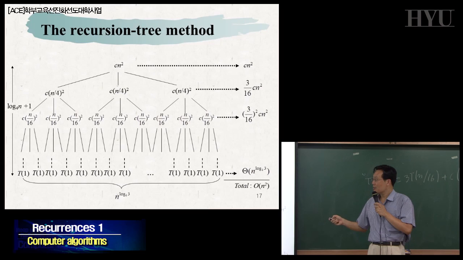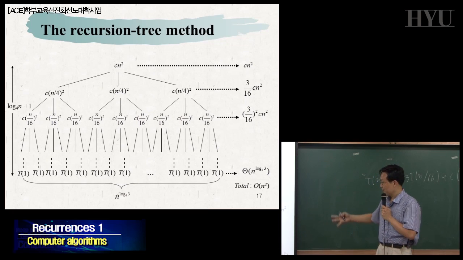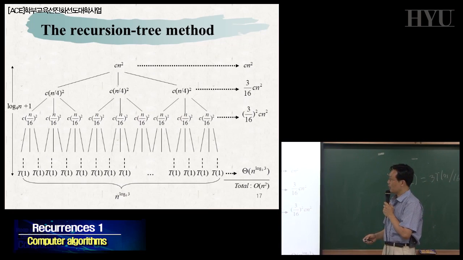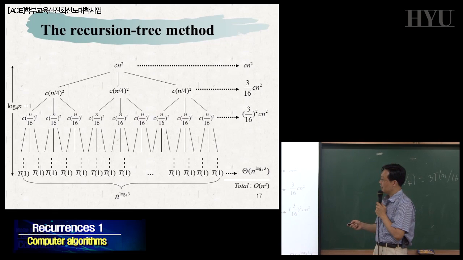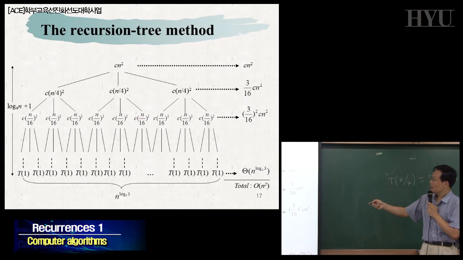They are all constant values, and note that T of 1 is constant. Okay, so now we can add all the values. Then we add all the values in each level. And then add up all these values.